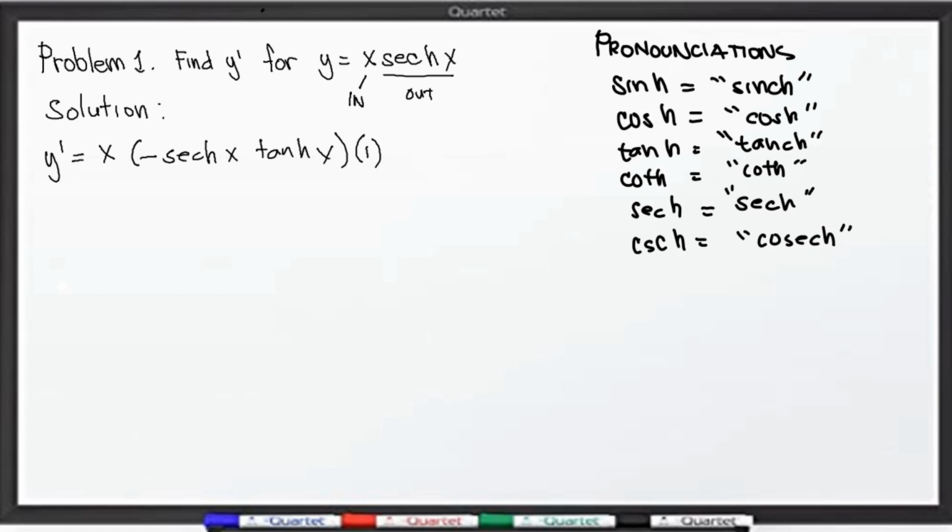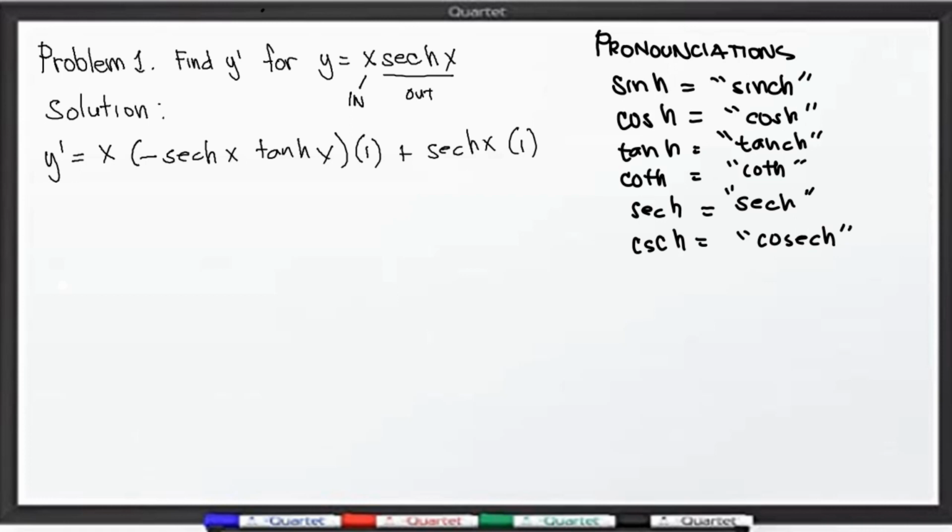Tapos na po yung first part natin sa product rule, and then plus the outside, which is sech x, and then times the derivative of the inside, which is 1.